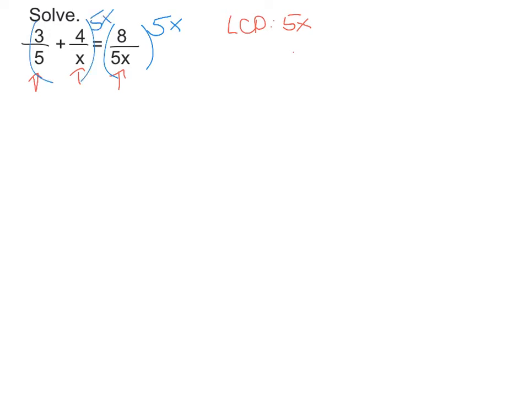Well, when I distribute this through, we have 3/5 times 5x plus 4 over x times 5x equals 8 over 5x times 5x.